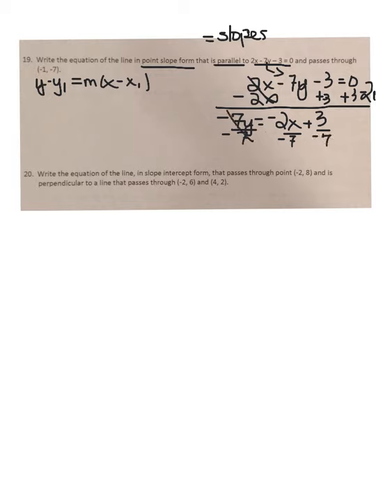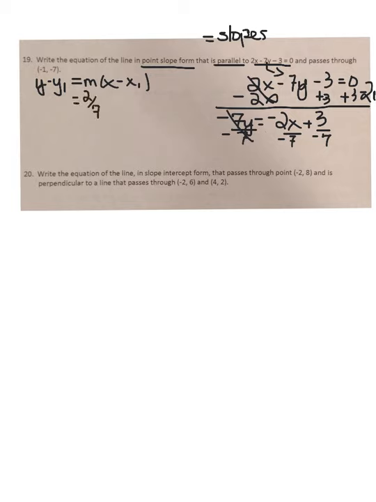Now listen, I really don't need to go that much further with this equation, because what I'm looking for is a line that's parallel to this one. And parallel lines have the same slope. Here's your slope right here. The only thing I would do is get rid of this negative and this negative, because we know a negative over a negative is a positive. So we know the slope essentially is 2/7. So when I go over to the left here, I'm just going to put in 2/7.